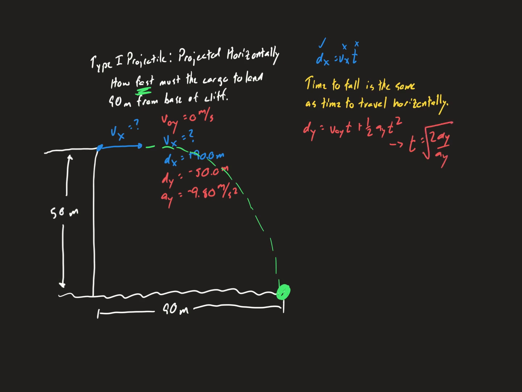Understanding this, once again, the velocity in the y direction drops out to 0. So I'm going to plug my numbers in here: negative 9.80 t squared. When I crunch that number, I get about 3.19 seconds for the object to hit the ground.